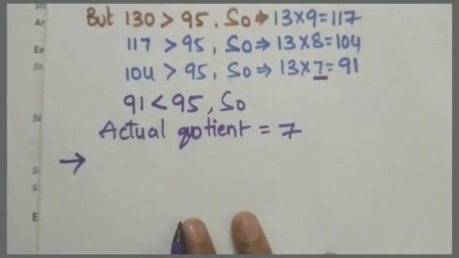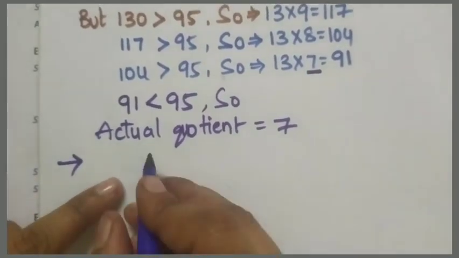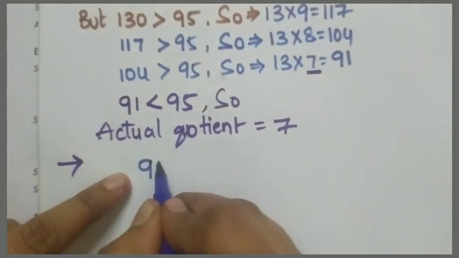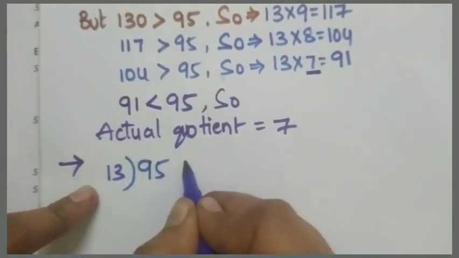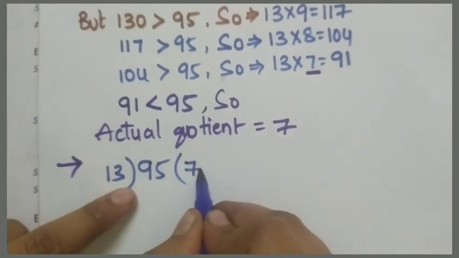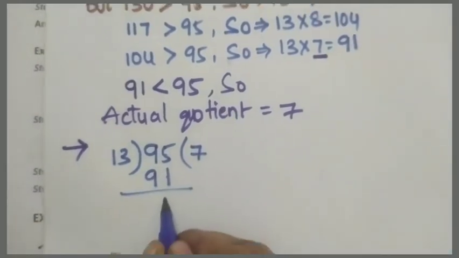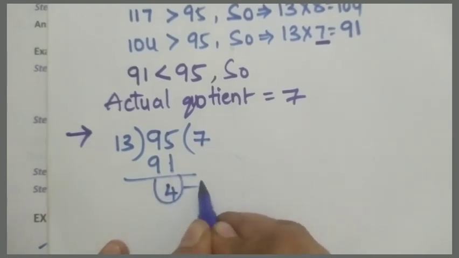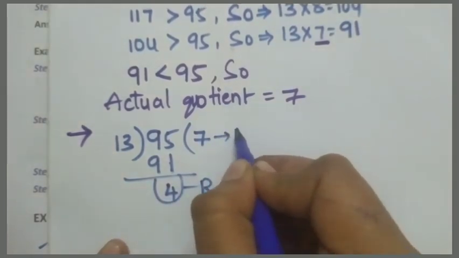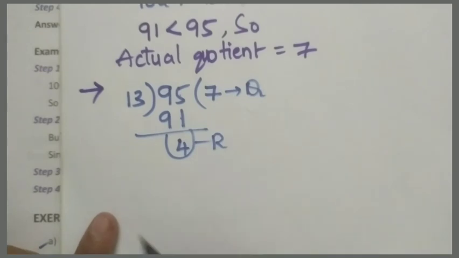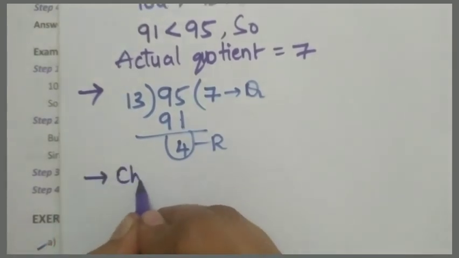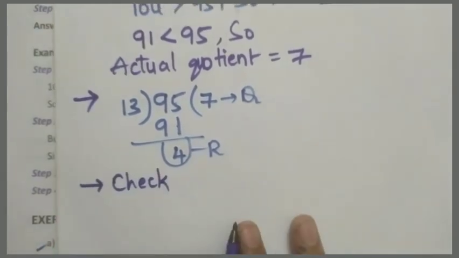Now we'll do direct division. 95 divided by 13. 13 sevens are 91. 95 minus 91 is 4. This is the remainder and this is the quotient. Now we'll do the check. How will we check this problem?